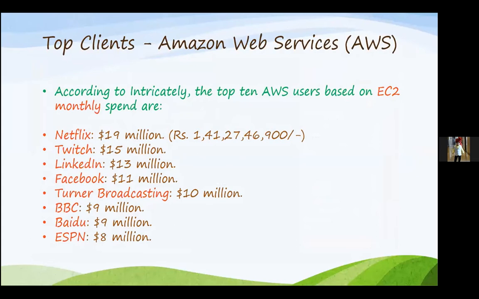If you just Google Amazon Web Services top 10 clients, you will get this top 10 client list with the bills. So Netflix is paying 19 million, nothing but 141 crore rupees per month, for only using which service? EC2 service. They have not mentioned the S3 service, which is the most important one.